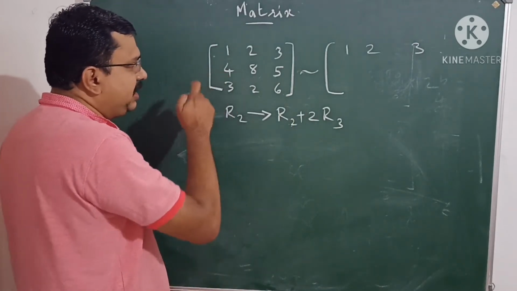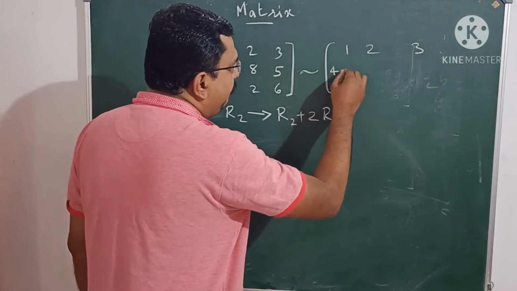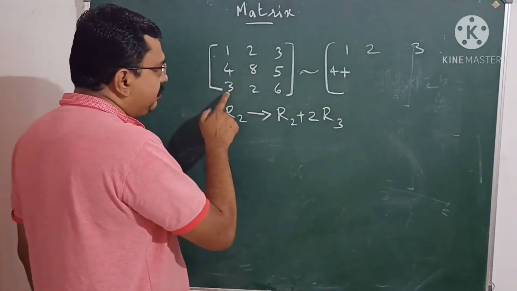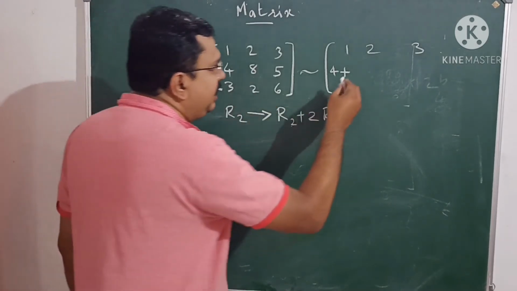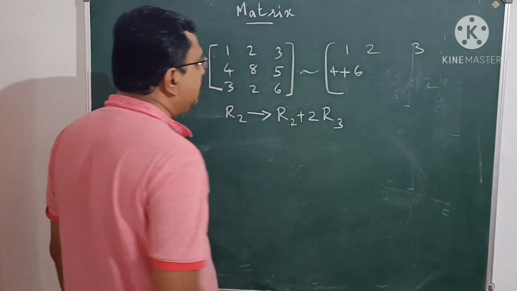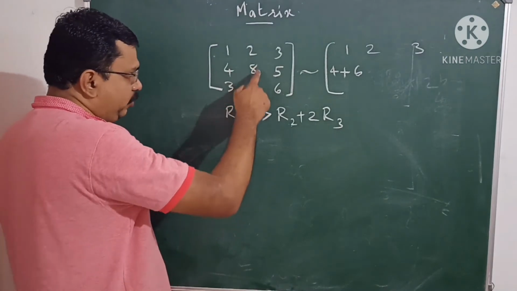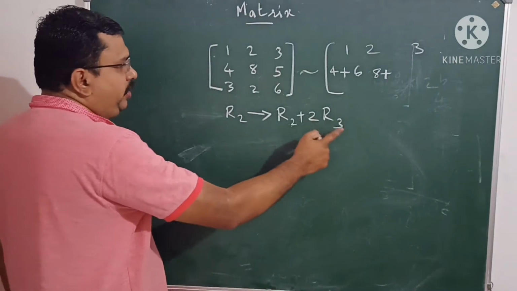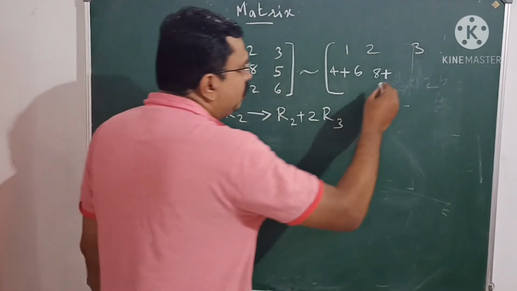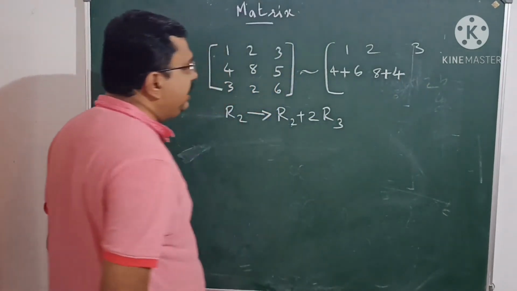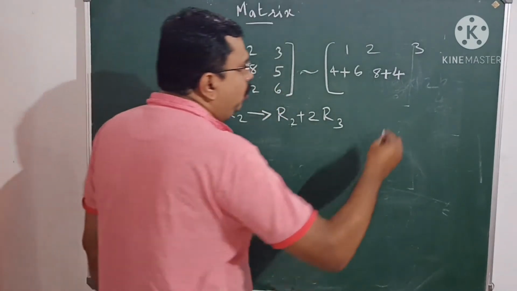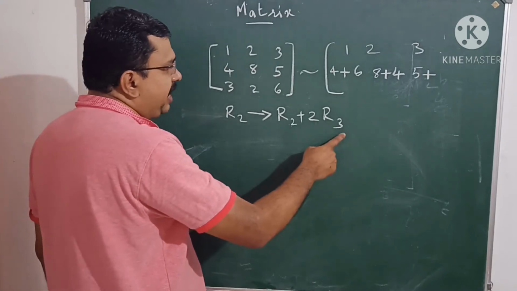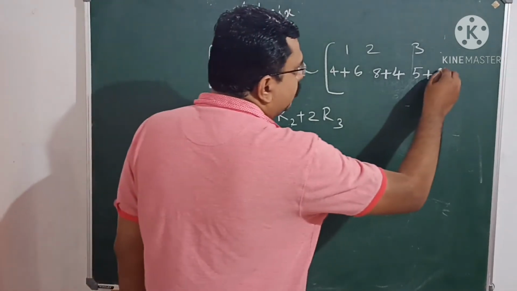The first element here is which? 4. 4 plus 2 times R3. It is 3. 3 into 2 is how much? 6. Next, 8 plus 2 times R3, 2 into 2, 4. And the last one, 5 plus 2 times R3, 6 into 2.